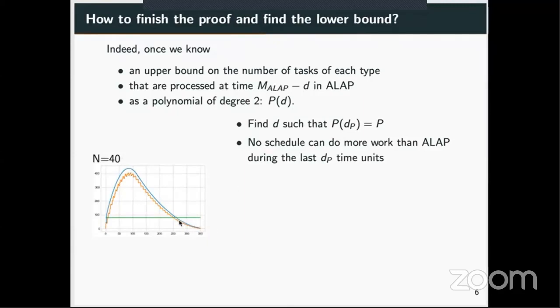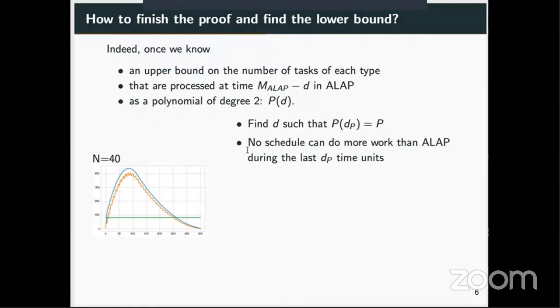So we will first consider the intersection between the green and the blue plots. And we know that for this part of the schedule, ALAP is optimal. So no schedule can perform more work than ALAP, and so no schedule can leave less work than ALAP to do in this very first part.